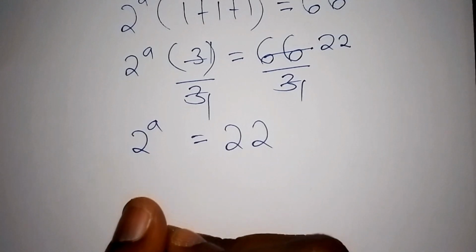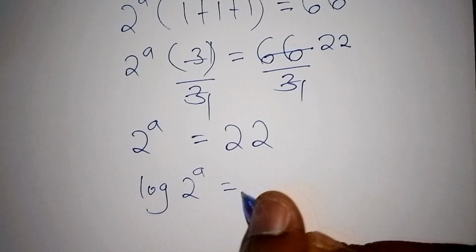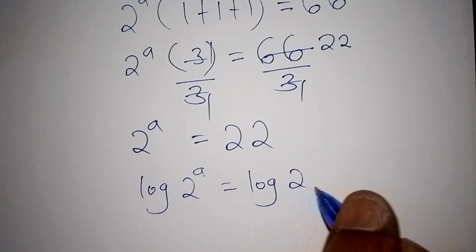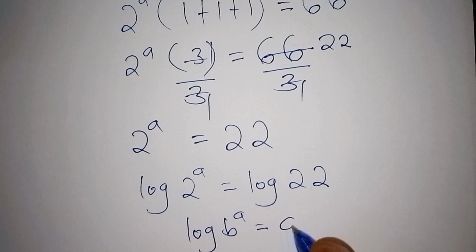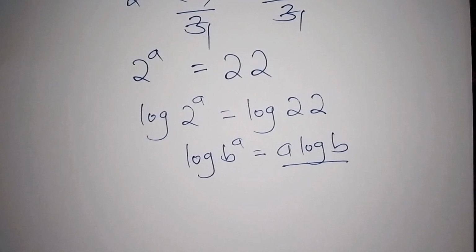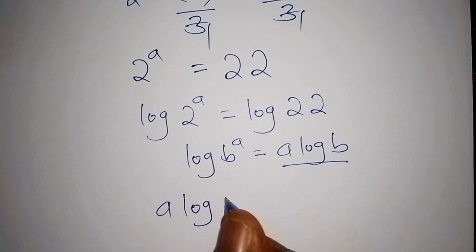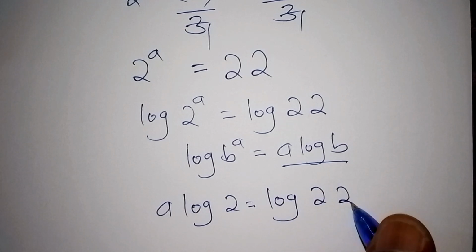So we shall now introduce the log on both sides. The log of 2 to the power of a is equal to the log of 22. Suppose we have the log of b to the power of a; this shall be a log b. So instead of log 2 to the power of a, we now have a log 2 is equal to the log of 22.